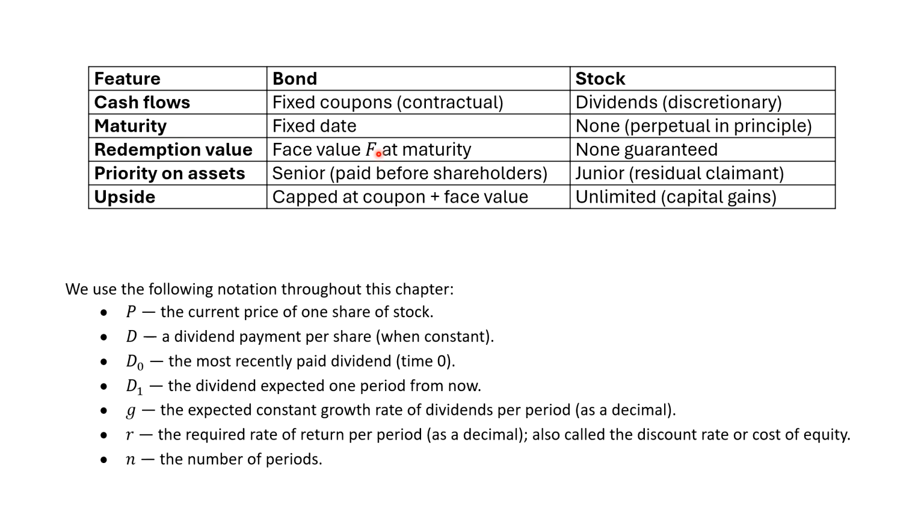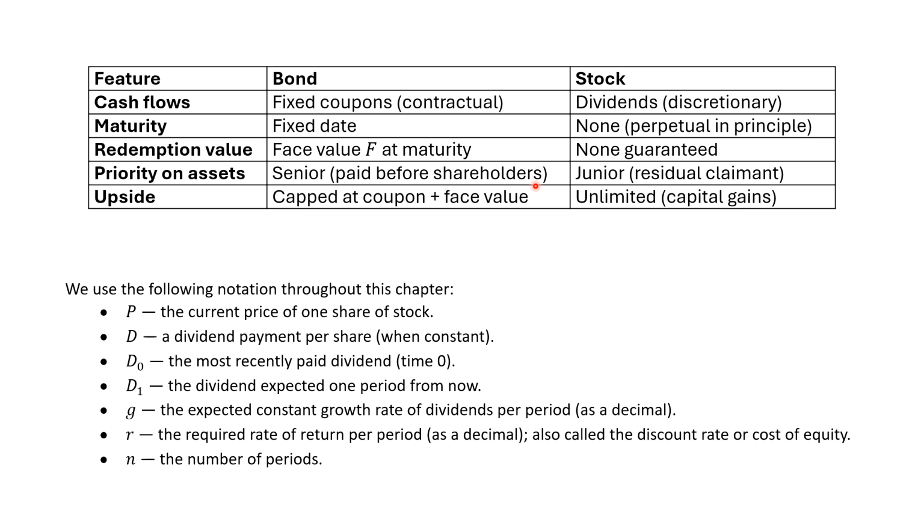Redemption value would be the face value at maturity. There's no guarantee on stocks, as it depends on when you sell them and the market conditions then. Priority of assets: if a company goes bankrupt and closes, the bonds have first priority. So the bondholders have to get paid first from whatever assets are left.